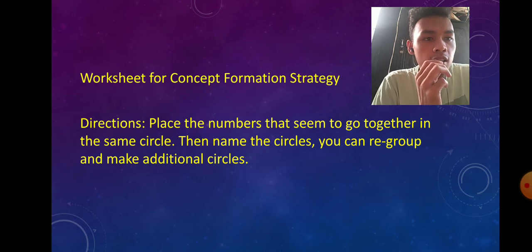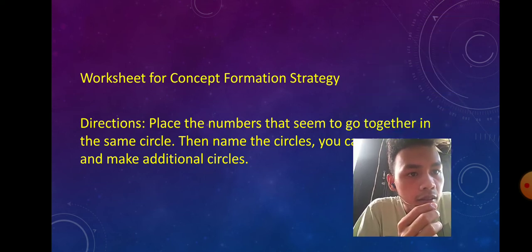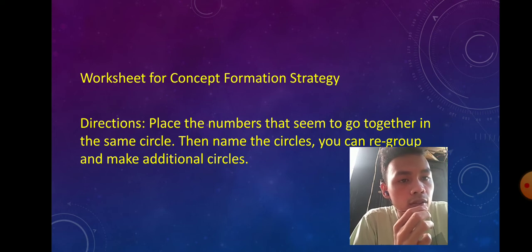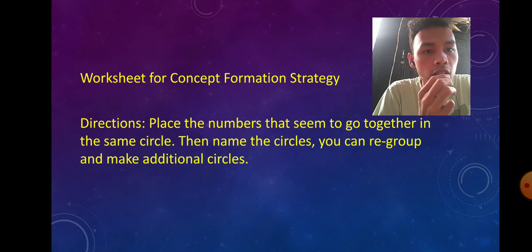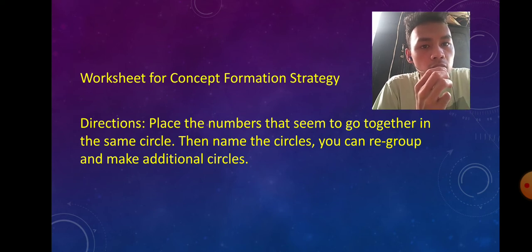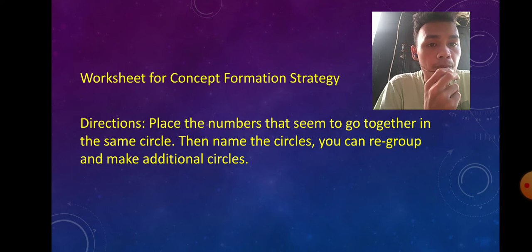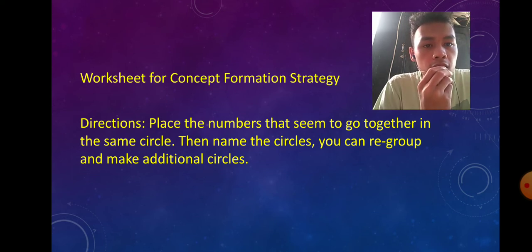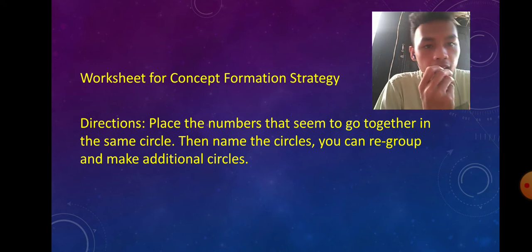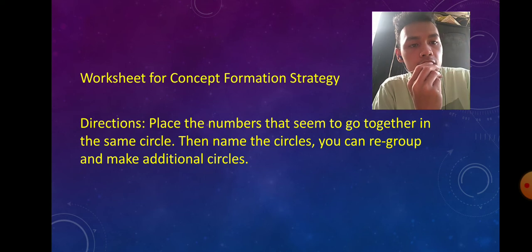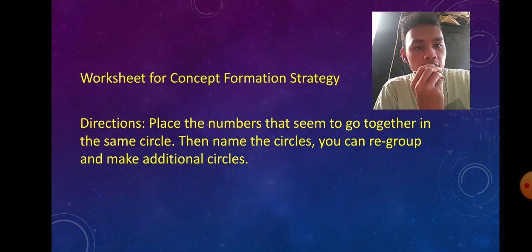I need to present a photo containing this worksheet example of the concept formation strategy so that we can clearly understand. Place the numbers that seem to go together in the same circle. Then name the circles. You can regroup and make additional circles.